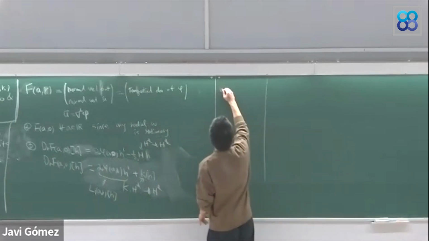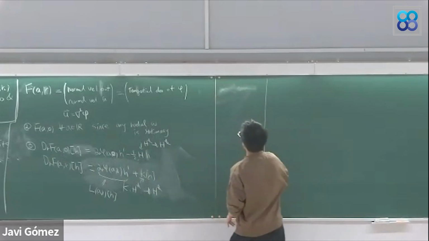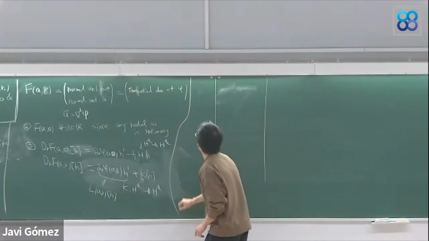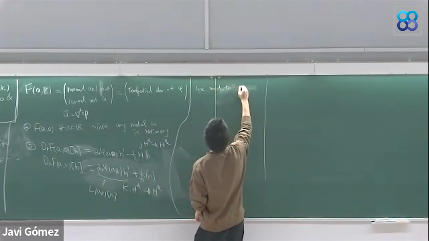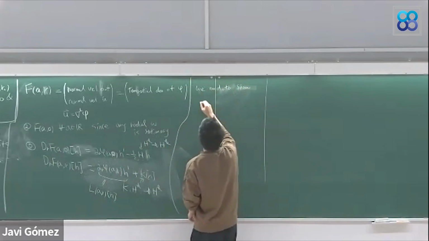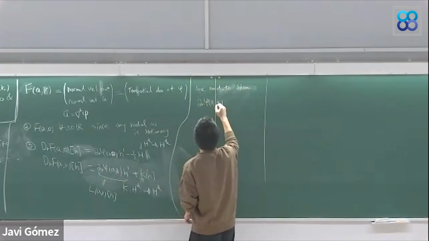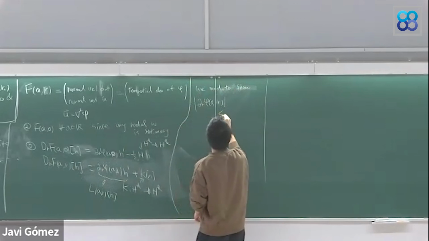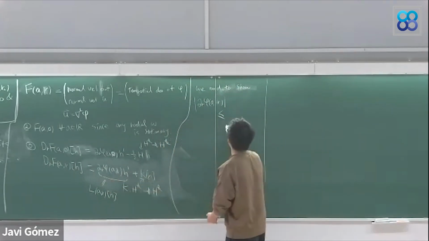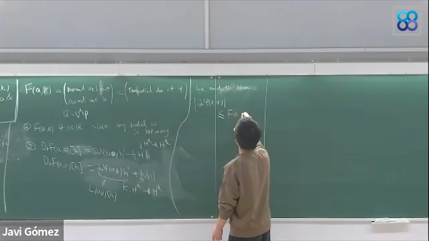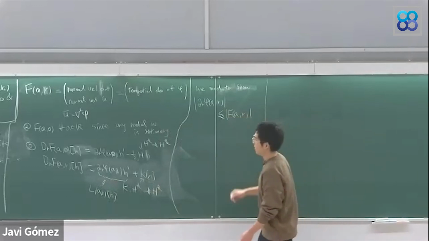So we need to show this guy, the radial derivative of the stream function, is bounded by the norm of our functional here, f.